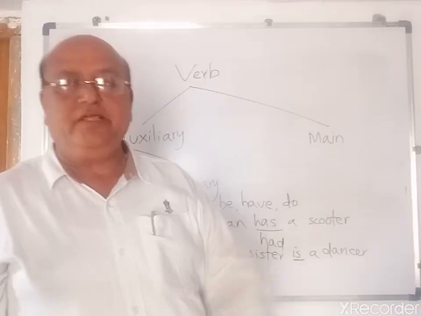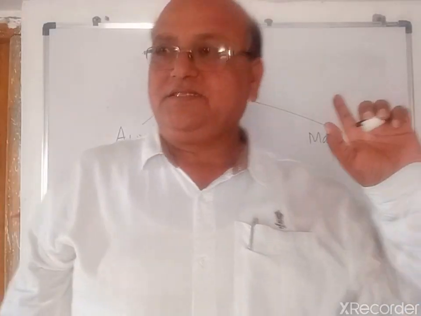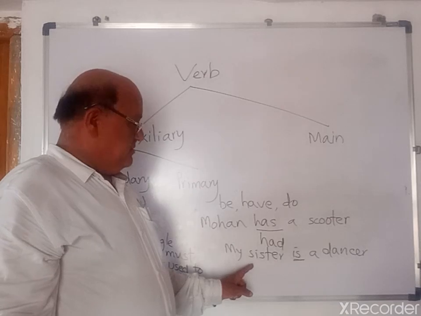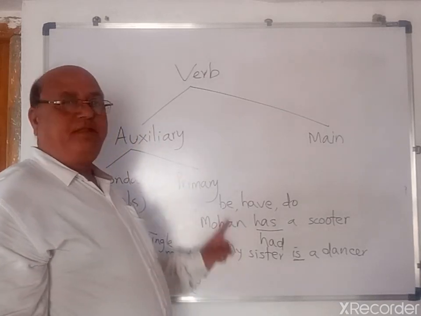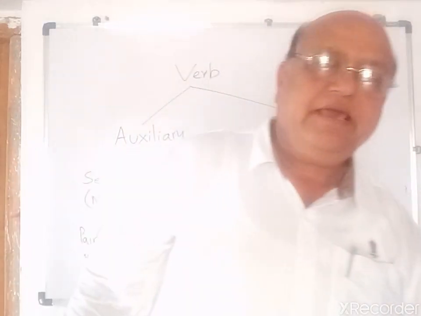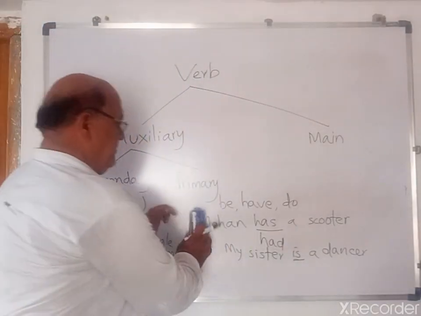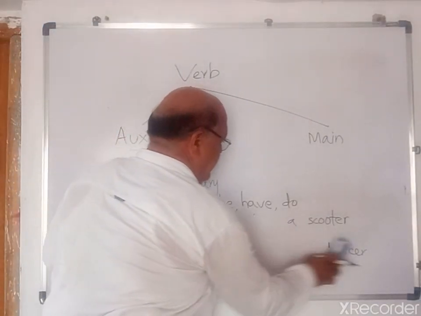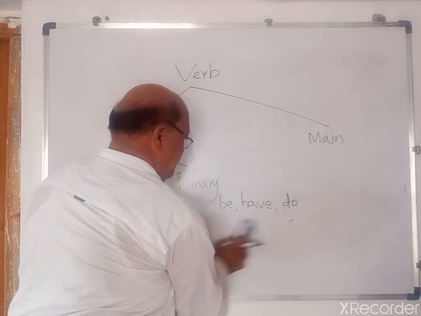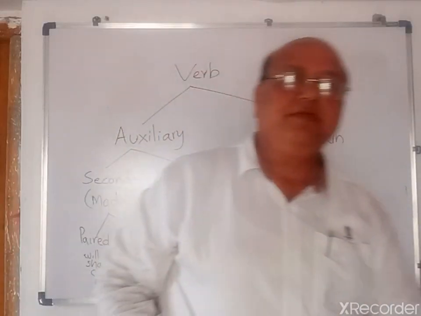There are two tenses only, past tense and non-past or present tense. Clear? For primary, if we do not have this B type or have type, we look for a dummy.